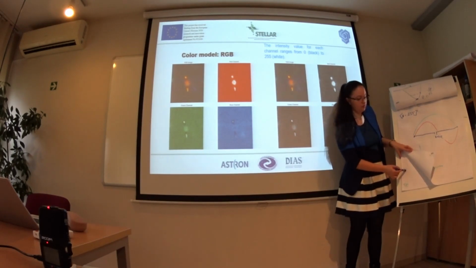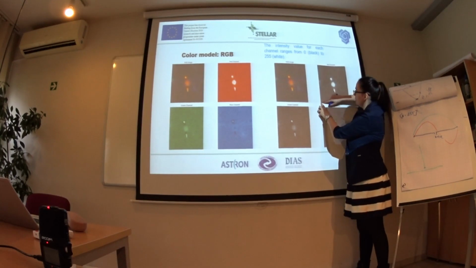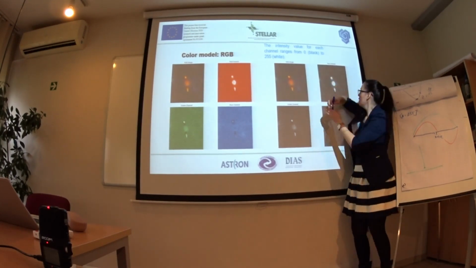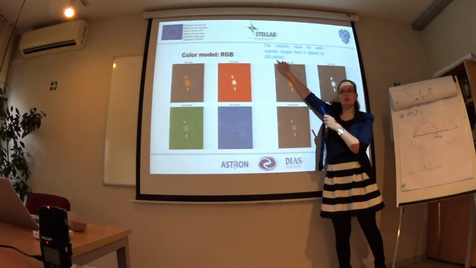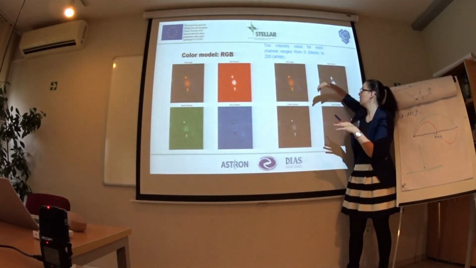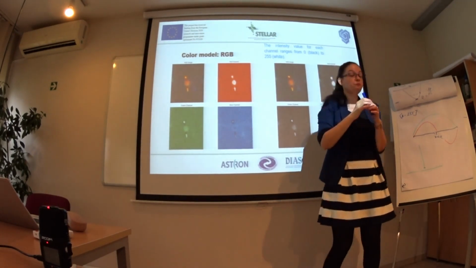We don't have information for the green, that will be 0. And for the red, that will be 0 also. So here, to have the information, that will be 255, and that will be the white color. And we don't have any color at all, that will be the black one, represented by zeros.